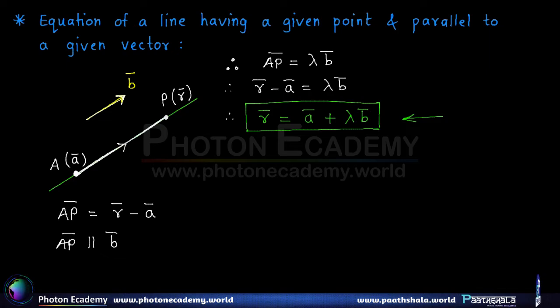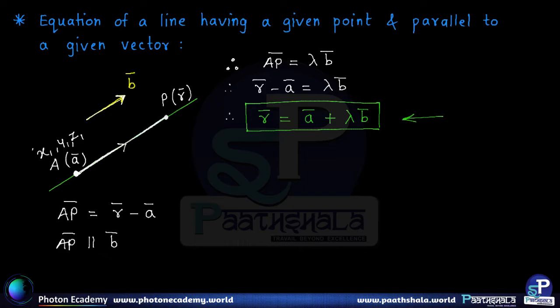Now for this we will have to assume the Cartesian coordinates of both the points. So let us consider that the given point has Cartesian coordinates x1, y1, z1. Let us call the generic point to have the coordinates as x, y and z, which is what we normally do. And let us consider b bar to have the direction ratios as a, b and c.